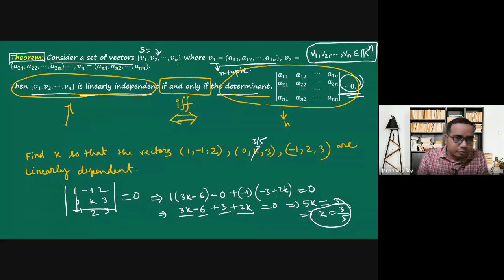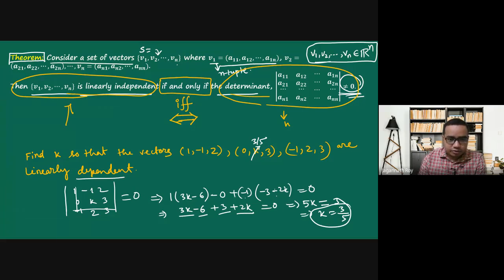Now a similar type of example can be given: find the value of x for which a given set of vectors will be linearly independent.